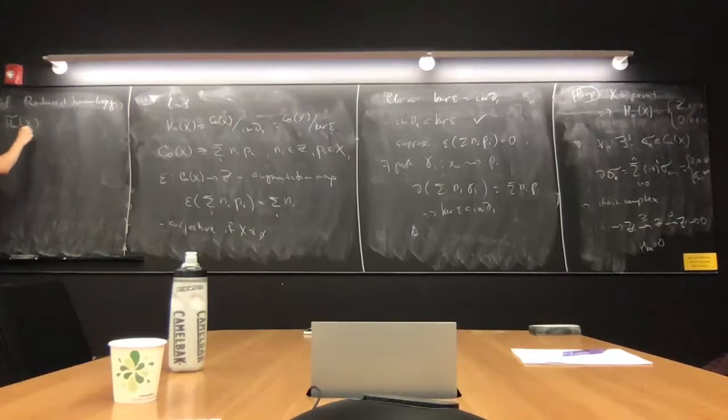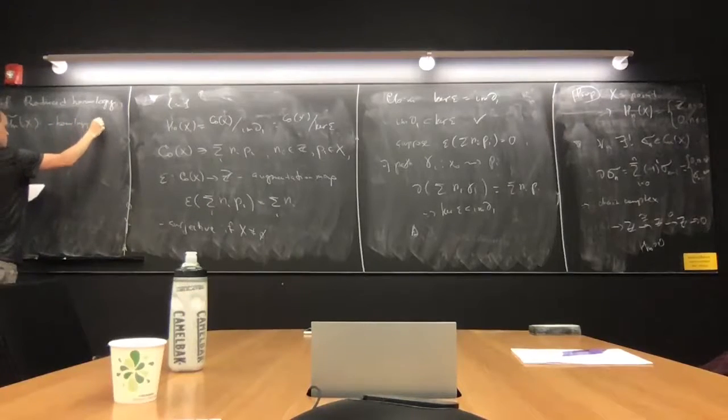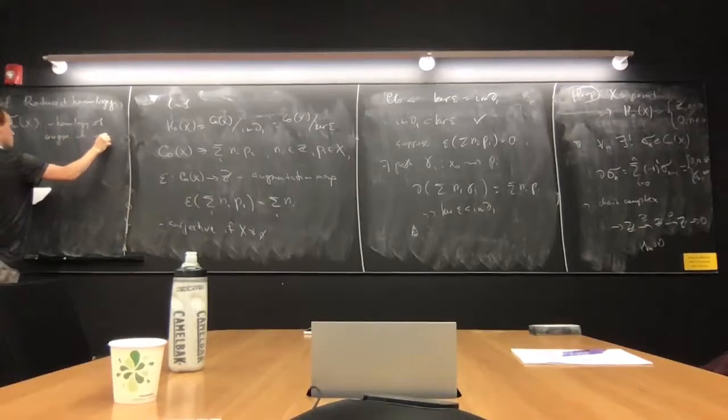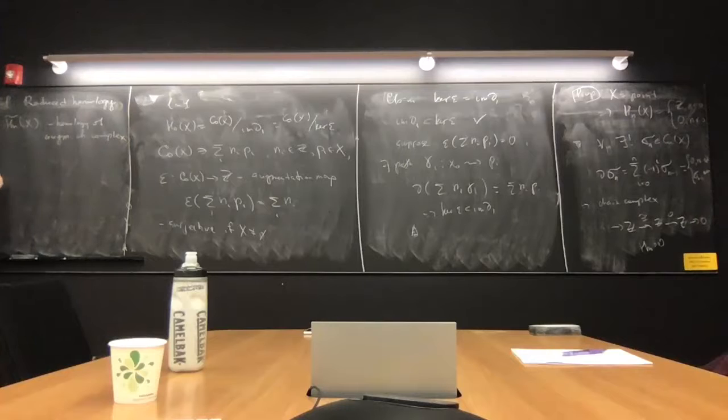H n tilde is the notation, the homology of the augmented chain complex, where you take the normal chains, then you add one more Z over here, and this is epsilon. Okay. So then this way, H n tilde of a point is just 0 for all n.